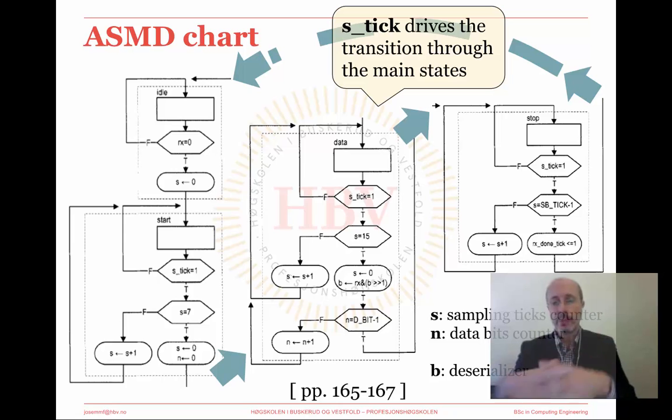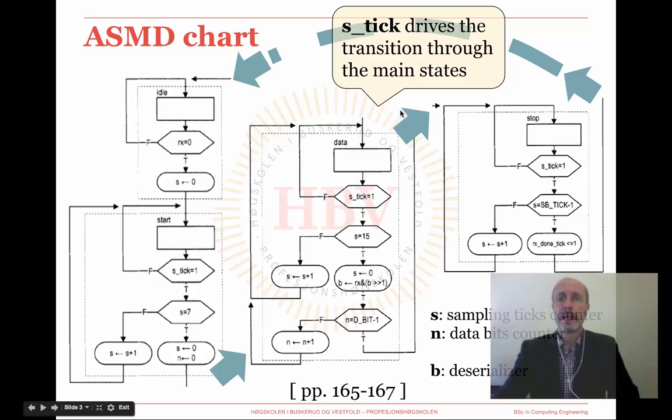So this process will be repeated for as many data bits as there are in the defined RS-232 frame, and it's only when the last data bit has been received that we will move from the data state into the stop state, where again we will count the number of sampling ticks until reaching the middle point of the stop bit.